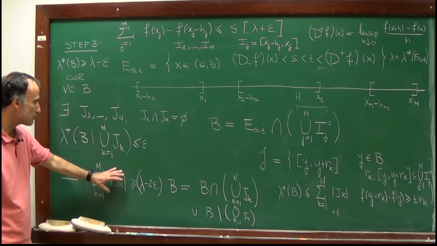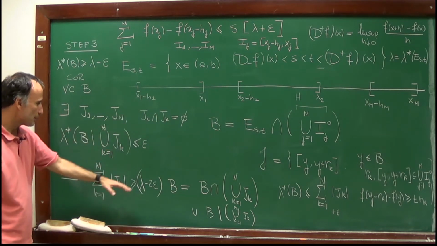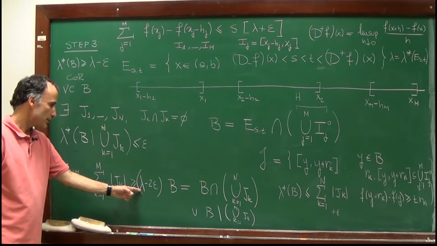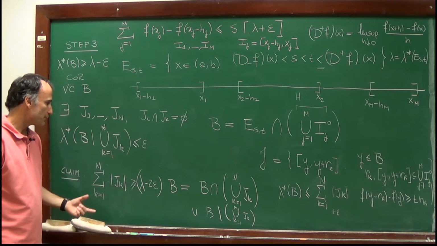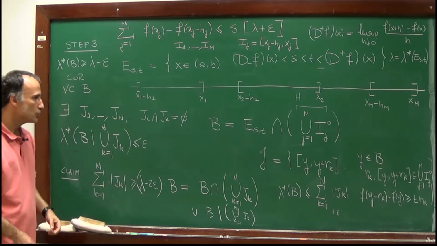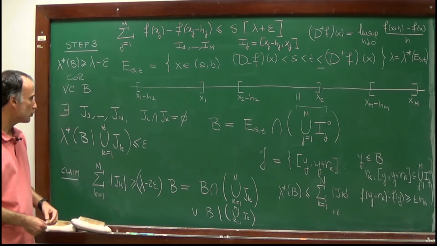So we have these intervals, they are disjoint, they essentially cover all the set B, and the total length is almost the outer measure of E. It's bounded below by the outer measure of E minus 2 epsilon.